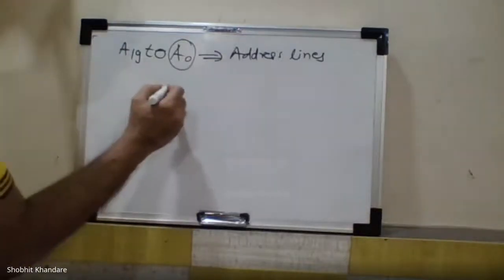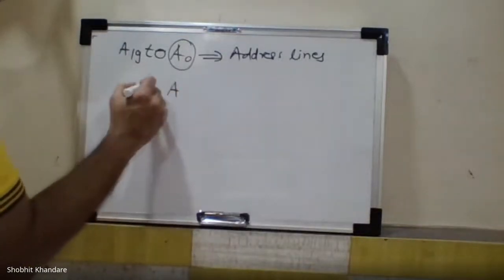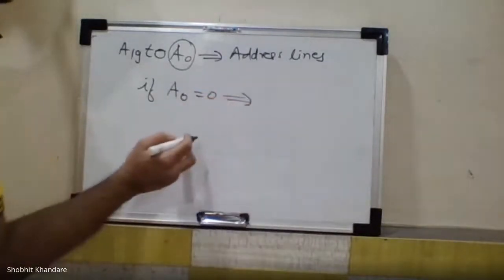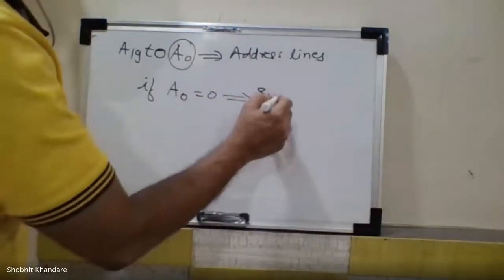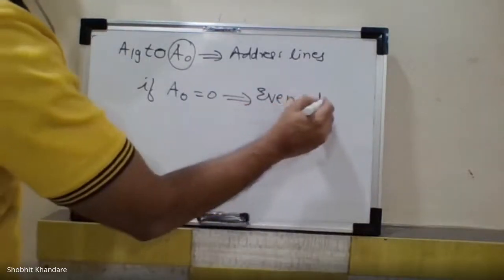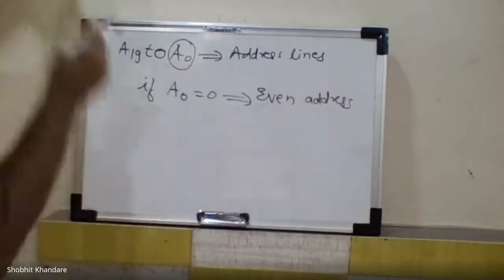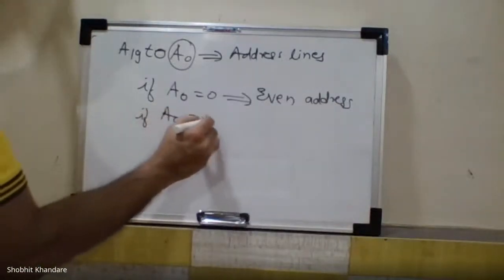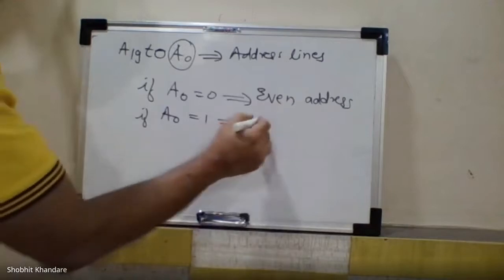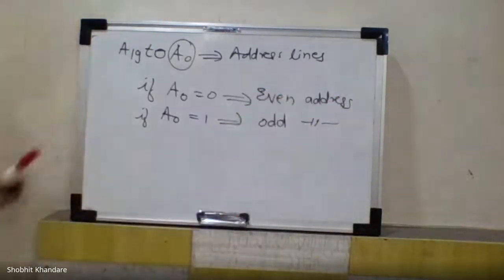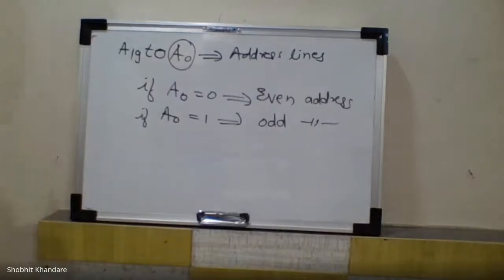Then if A0 is equal to 0, we will select even addresses or even bank, and if A0 is equal to 1, then we will select odd addresses or odd bank.